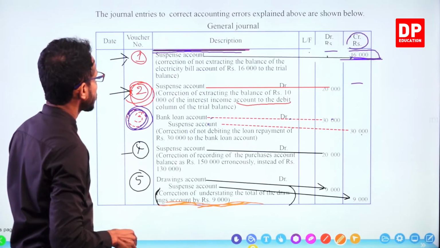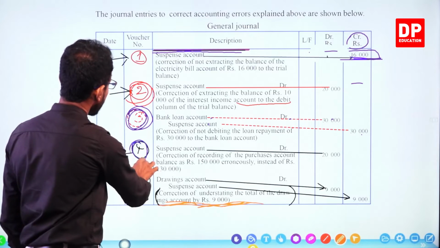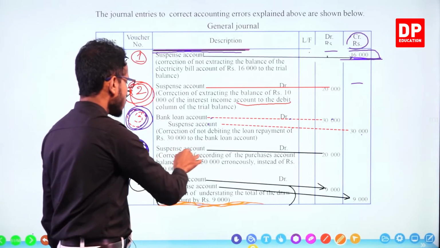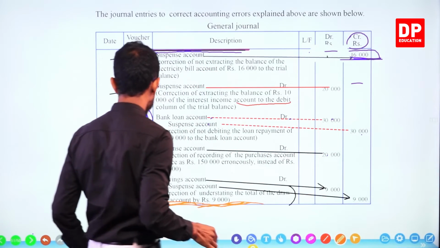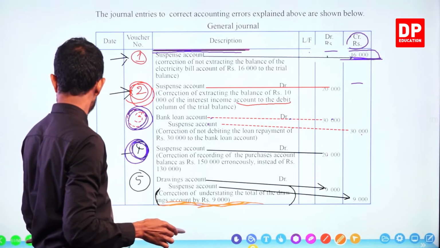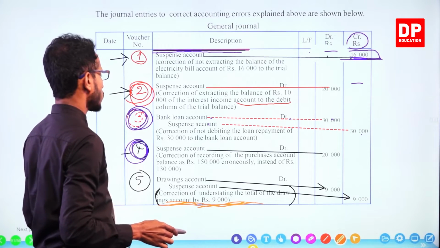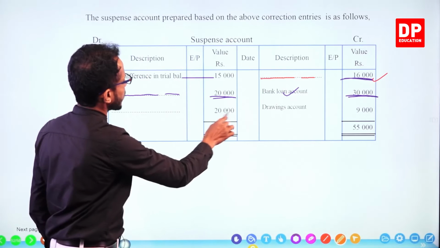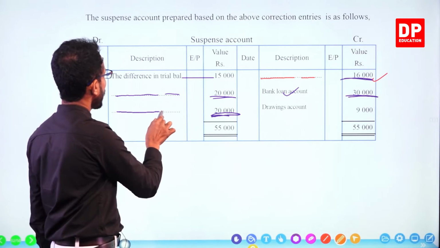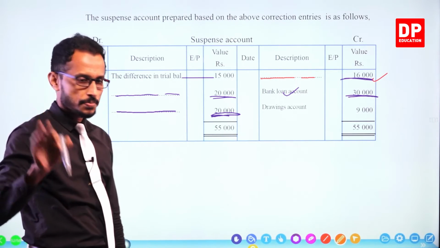Last but not least, the fourth entry. Again, there's a suspense account in the debit side. So you enter suspense account to the debit side, again at 20,000. No description.